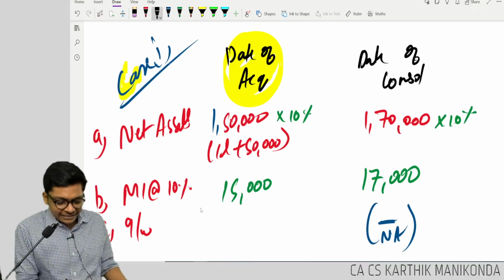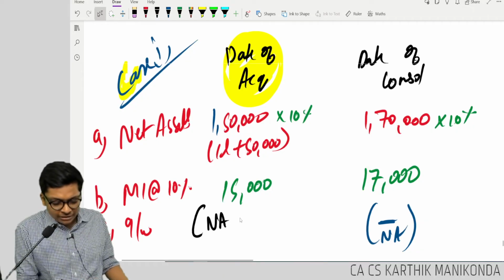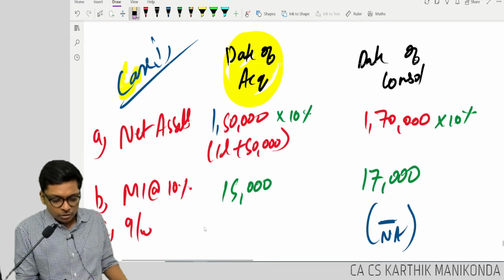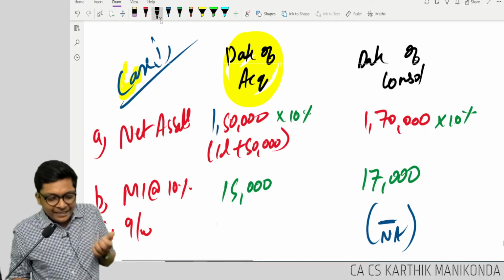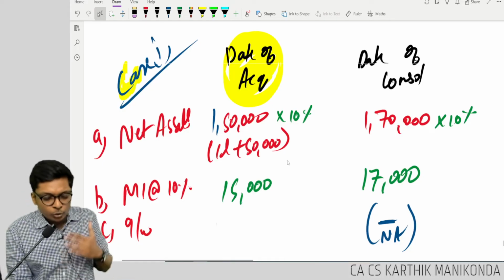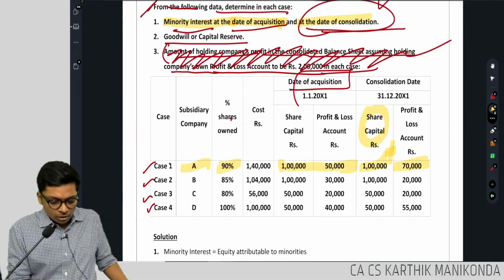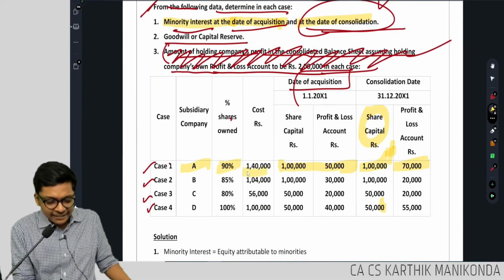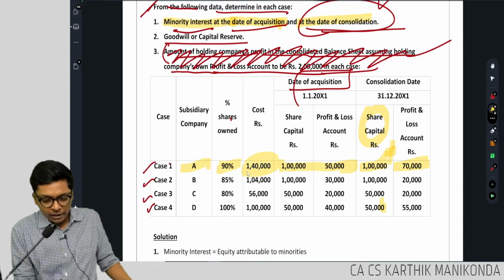So goodwill is nothing but what you paid minus what it is worth, that is, net assets on the date of acquisition. I am just waiting to see how many of you will do into 90%. No. What I paid is how much, guys? It's given here. 1,40,000.